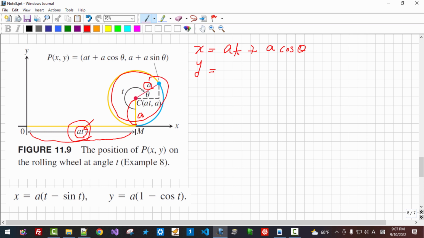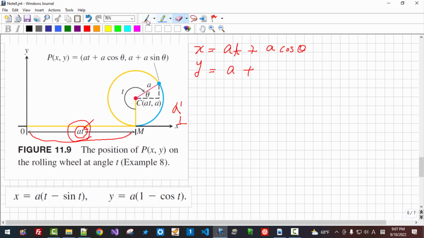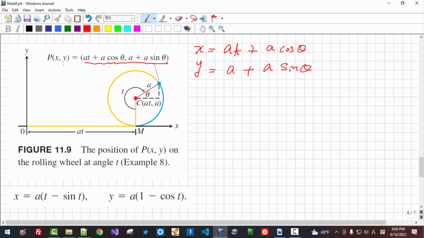So a, this height, a plus, we need to add this height, a sine theta. It's very simple as specified here. T represents time.